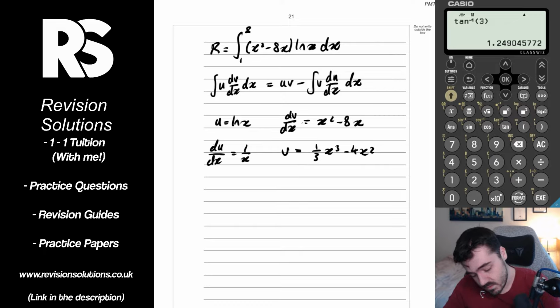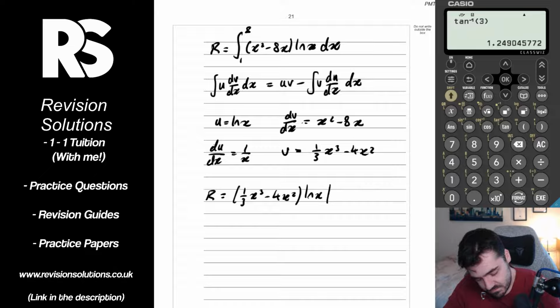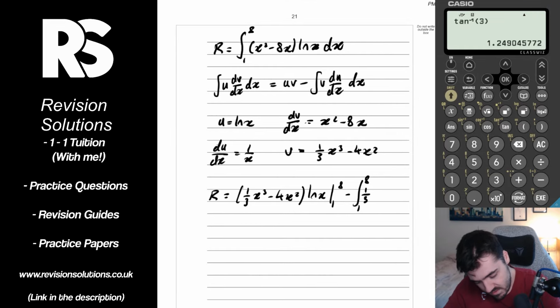So then R now is u times v, which is pretty messy, admittedly. A third x cubed minus 4x squared, times ln x, evaluated from 1 to 8, minus the integral of du/dx times v. That's just going to take a power of x off everything. So it's the integral from 1 to 8 of a third x squared minus 4x dx.